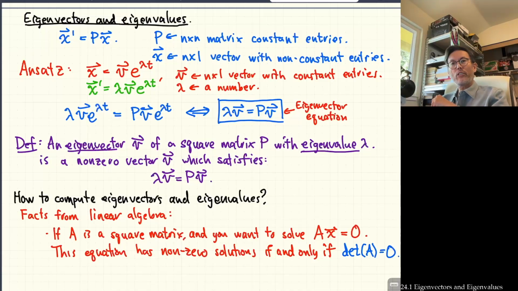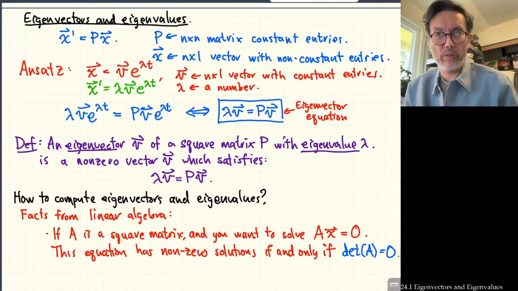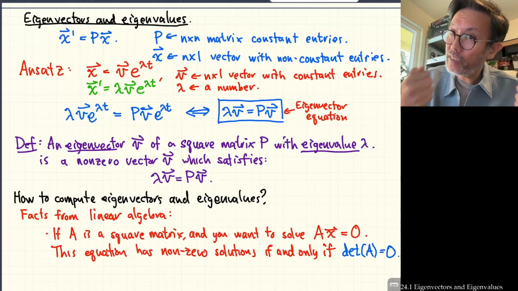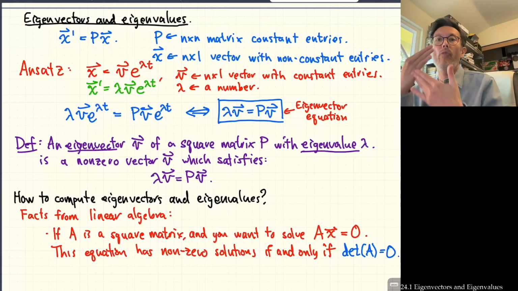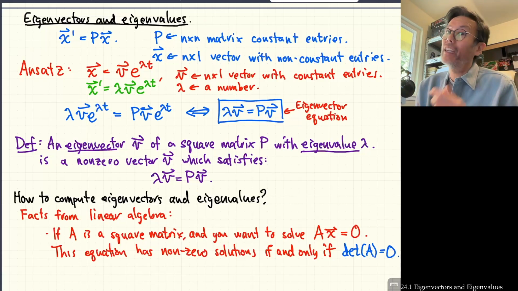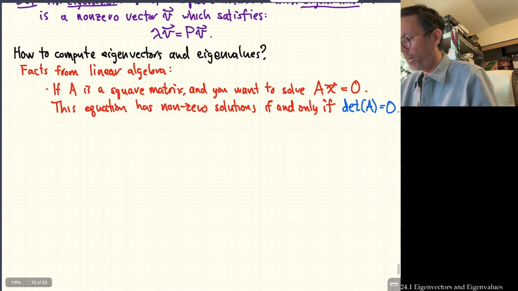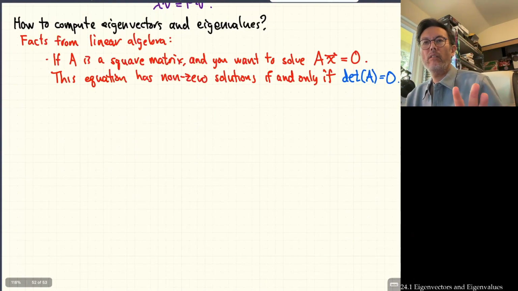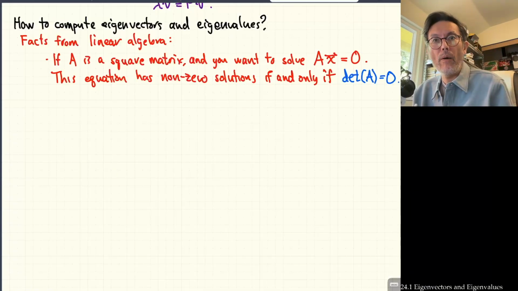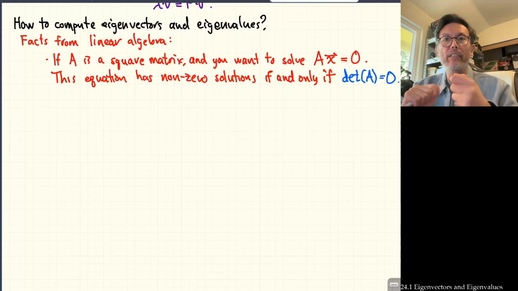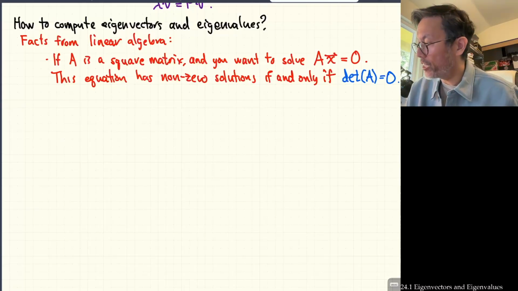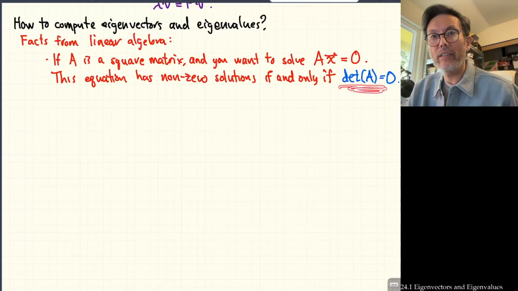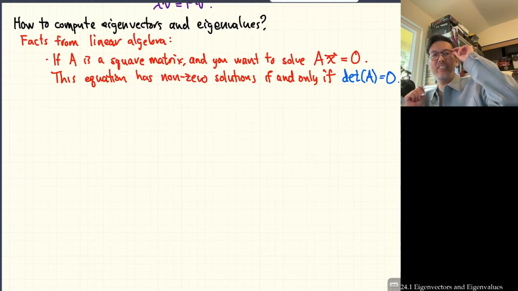If you know that the determinant of a square matrix is 0, then when you solve Ax equal to 0, you're going to find non-zero solutions. And if you can find non-zero solutions, then the determinant of A must be 0. There's something degenerate about matrices for which Ax equals 0 has non-zero solutions. They are a rare breed, but you can track them using precisely the determinant. So the determinant is quite an important quantity here.